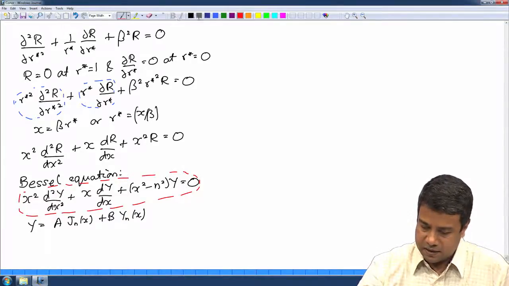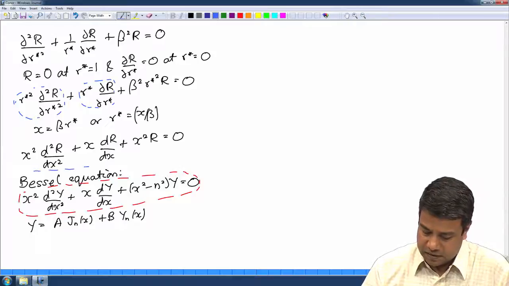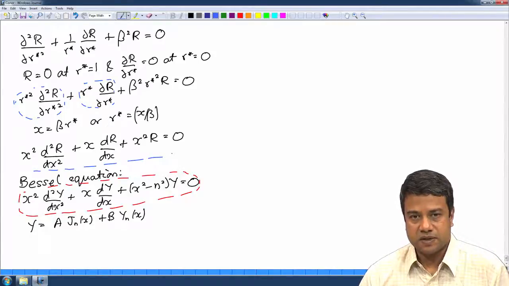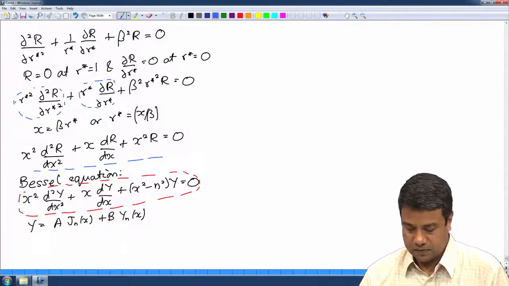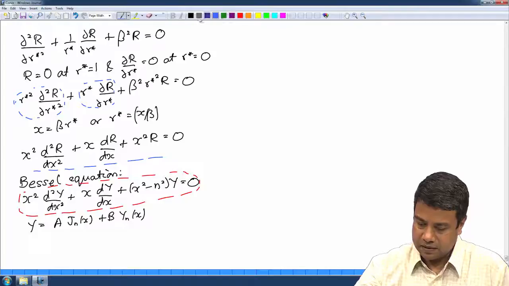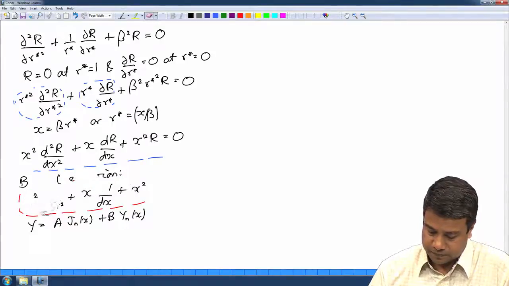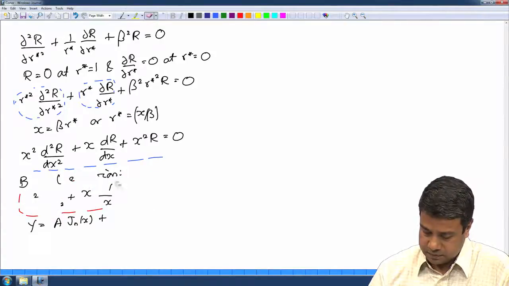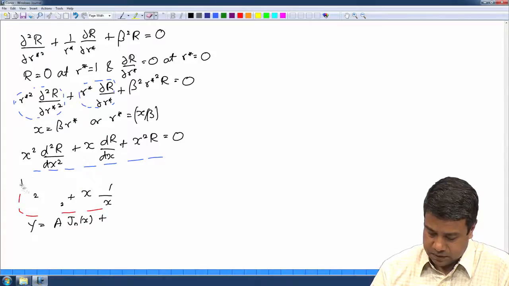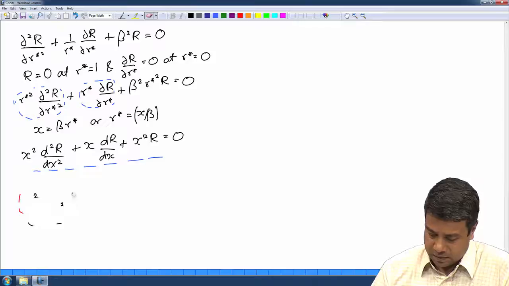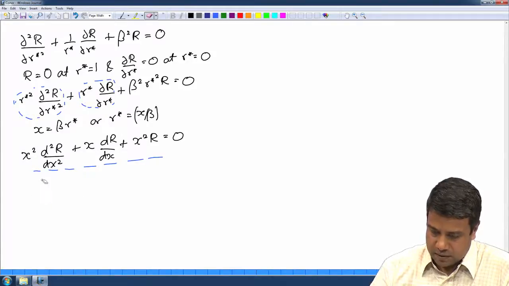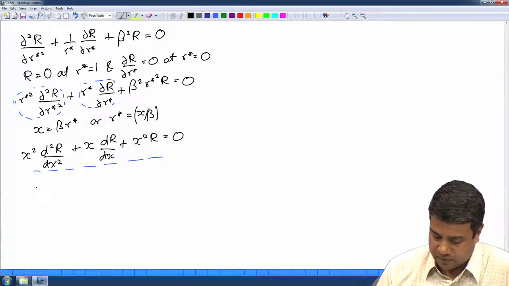So, you can see that this equation corresponds to the Bessel equation with n is equal to 0. That means that the solutions are the solutions for the Bessel equation with n is equal to 0. So, the solutions are in the form of Bessel functions.